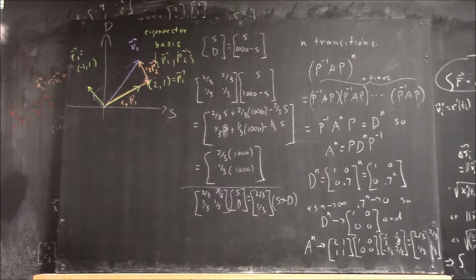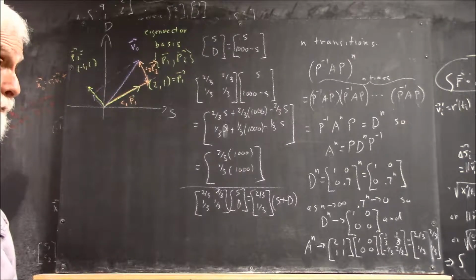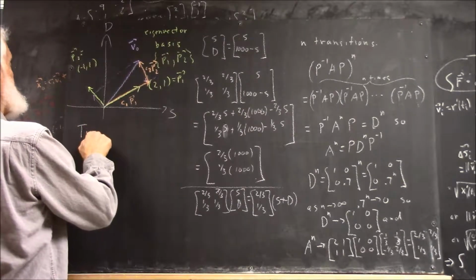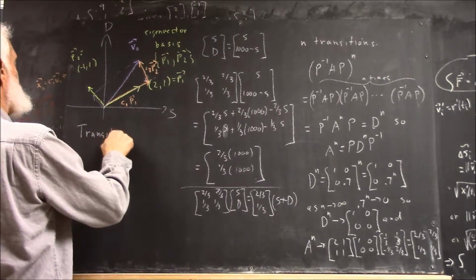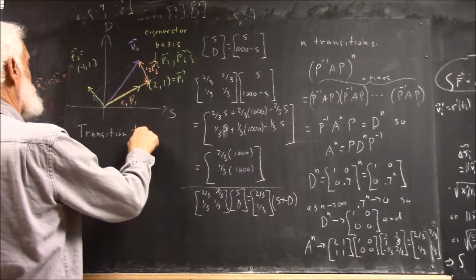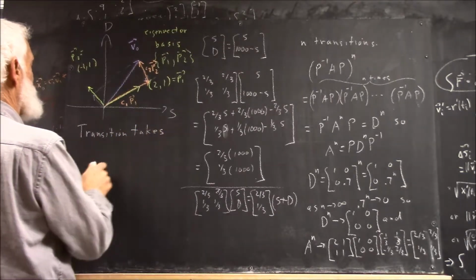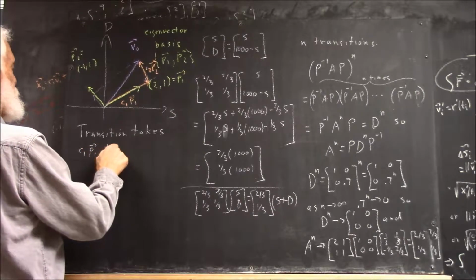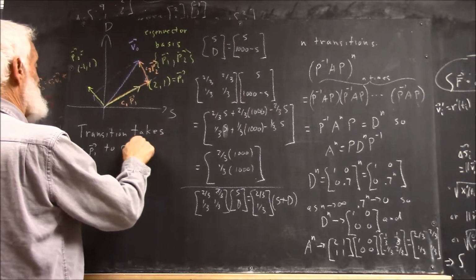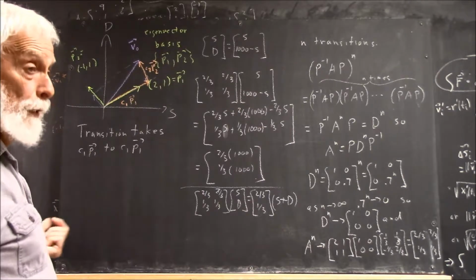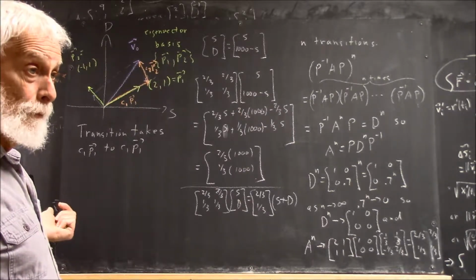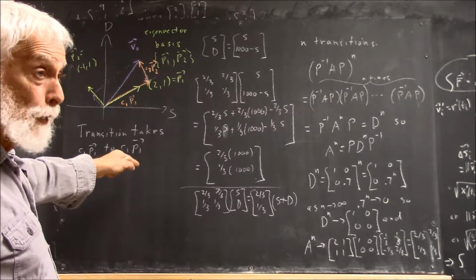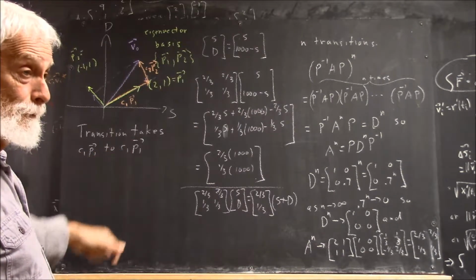Okay? Now what does a transition do? Take C1, P1 to C1, P1. Why? Because P1 is an eigenvector with an eigenvalue of 1, right?